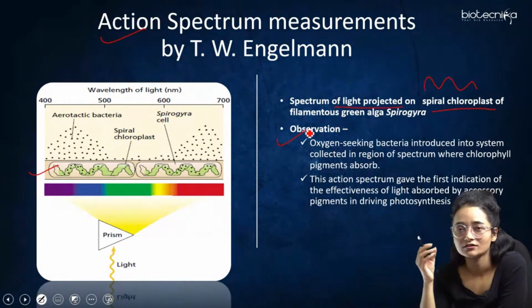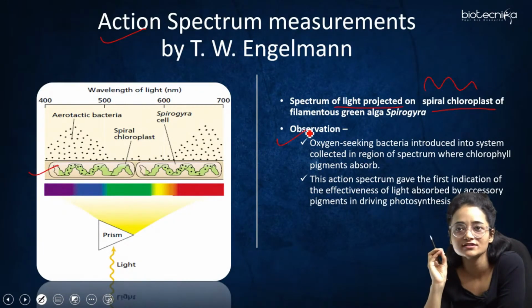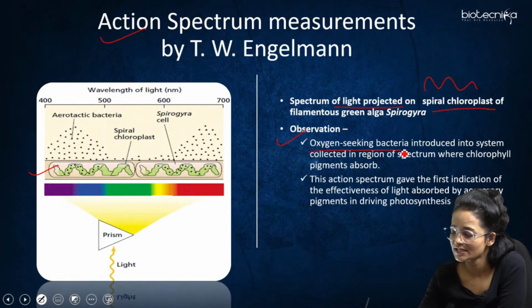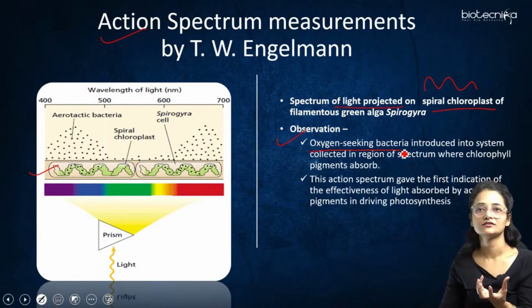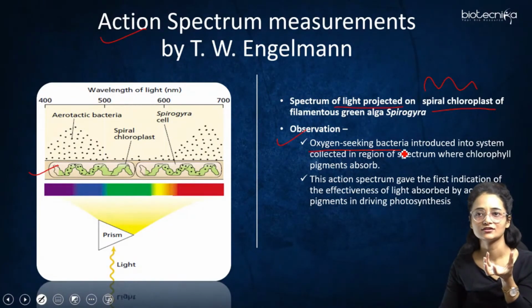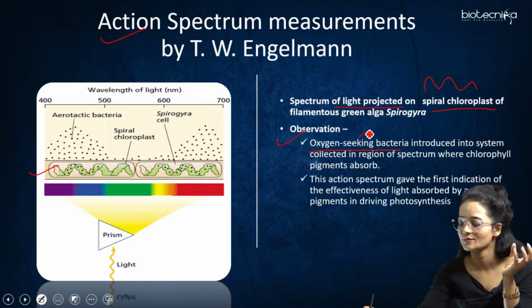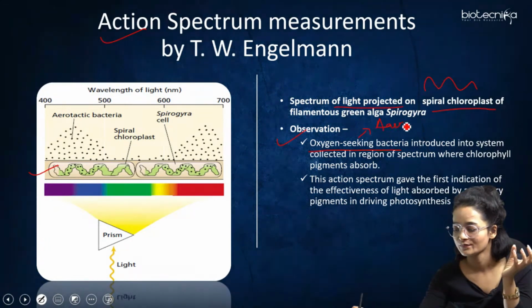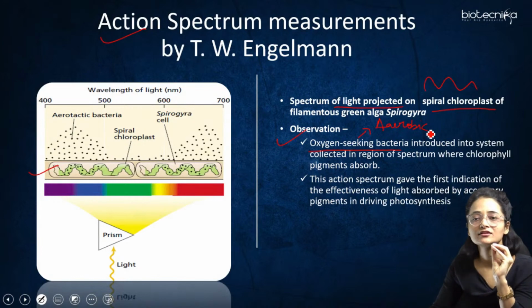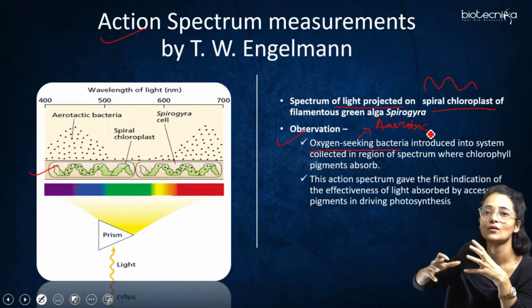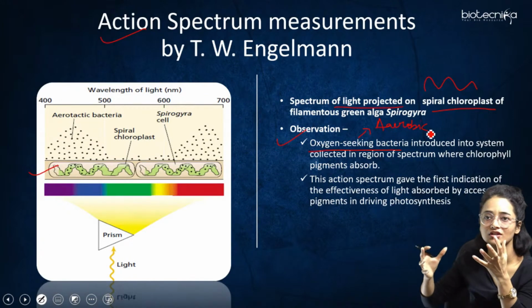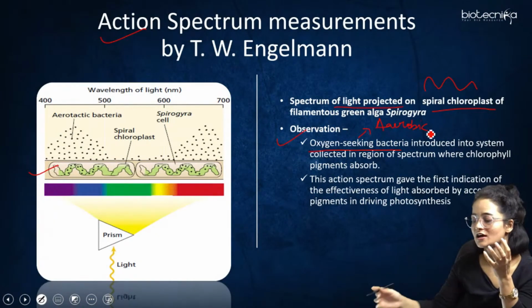Then he introduced oxygen-seeking bacteria, which are basically aerobic bacteria, into the same system. And after that, what happened? Those aerobic bacteria collected in bunches in the region of the spectrum where the chlorophyll pigments absorb.